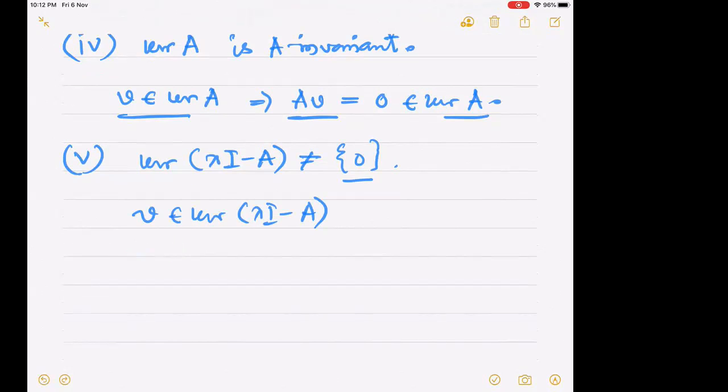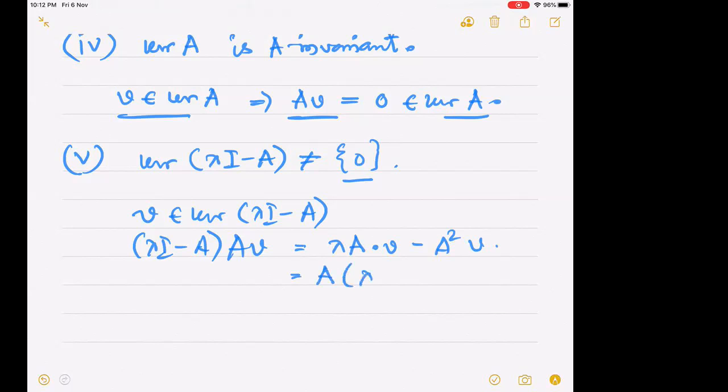So let us look at lambda I minus A and make it act on Av. Let's see what happens. This is going to be lambda A into v minus A squared v. But notice that this is the same as, I can now pull out this A, and it is A into lambda v minus Av. See what is happening?